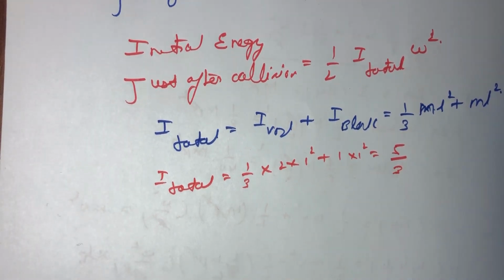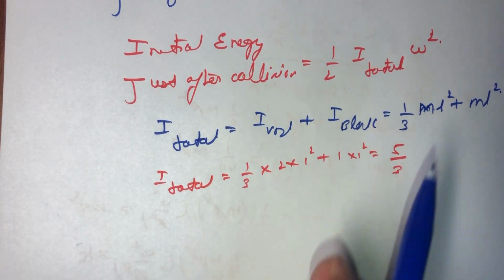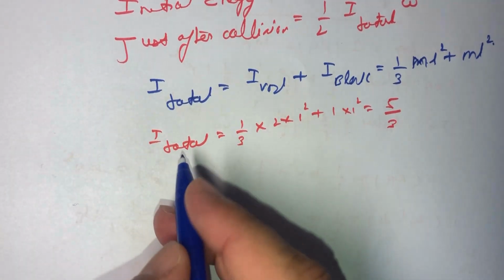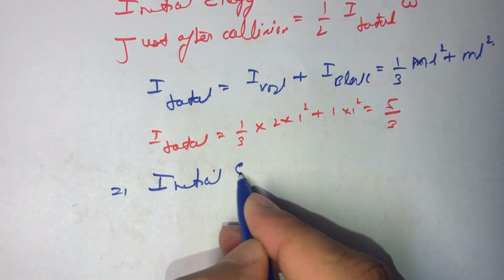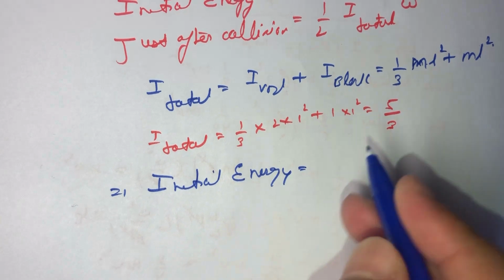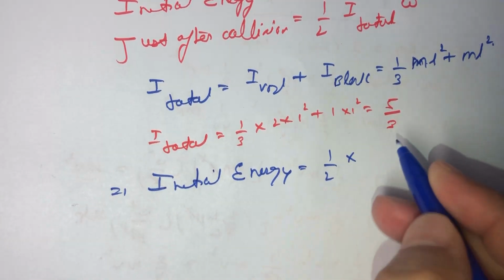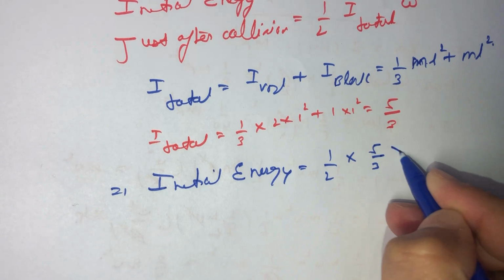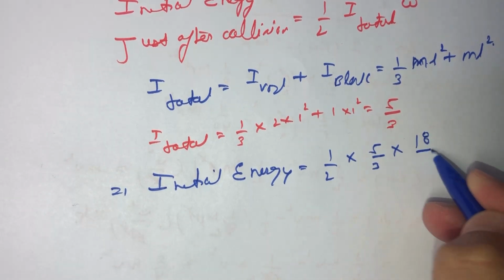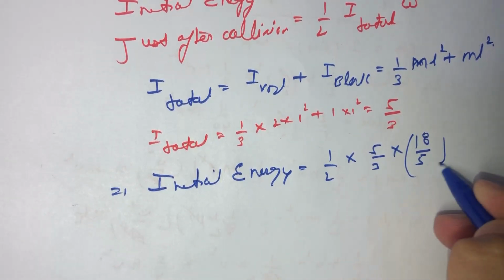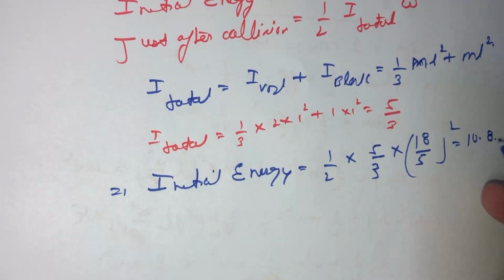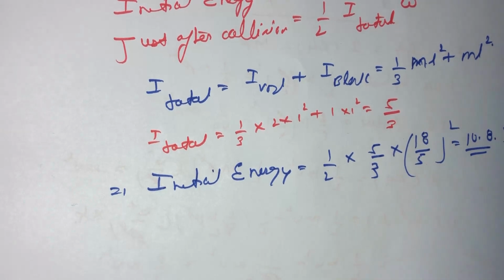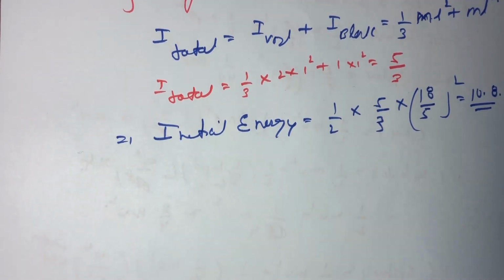We already know the value of omega, so the initial energy will be equal to half multiplied by 5 by 3 multiplied by 18 by 5 whole square. This comes to 10.8 joules. And now we are going to add the final energy at the maximum height.